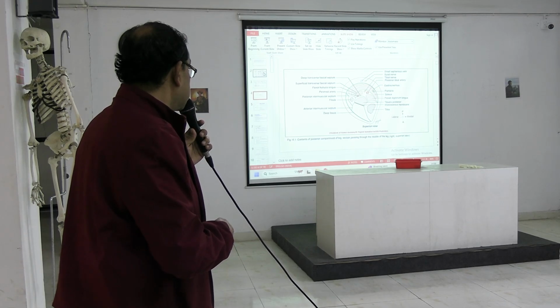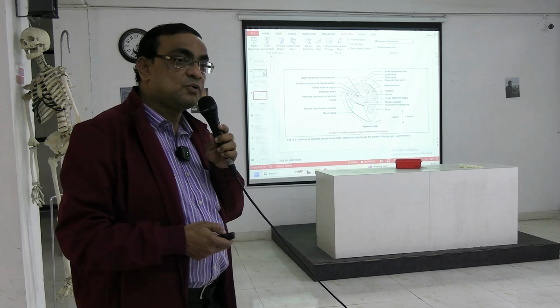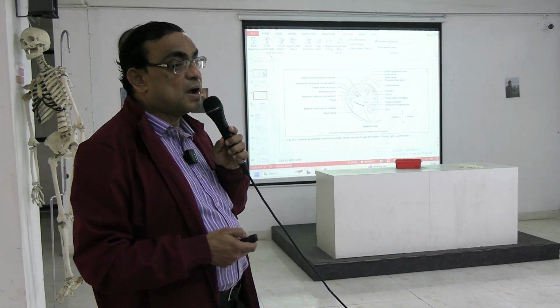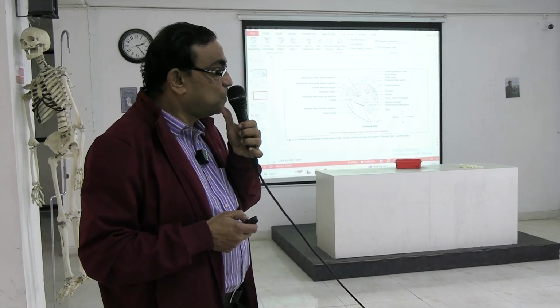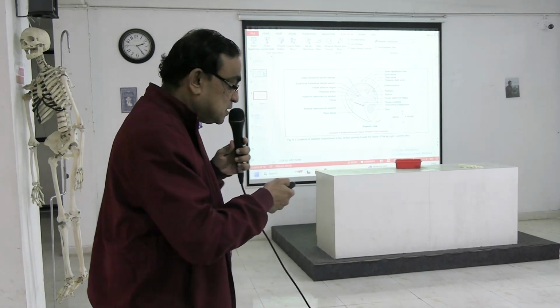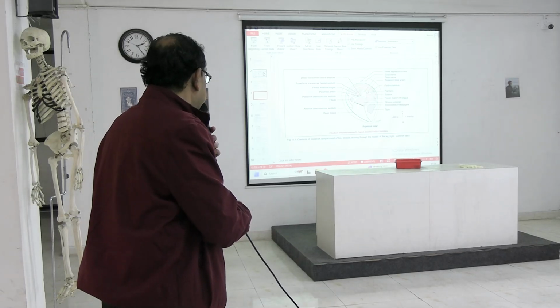The artery is the posterior tibial artery. Actually, we should call it posterior tibial vessels, because the deep artery is accompanied by veins. So that is the posterior tibial vessels, and this is the tibial nerve.